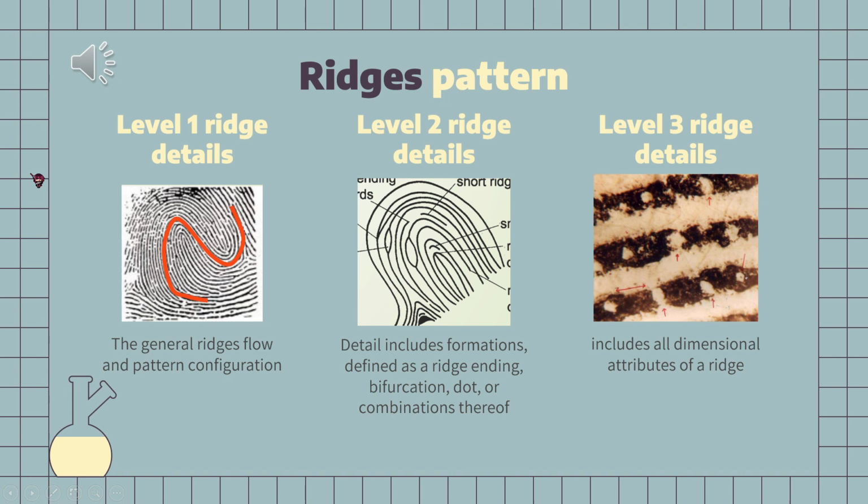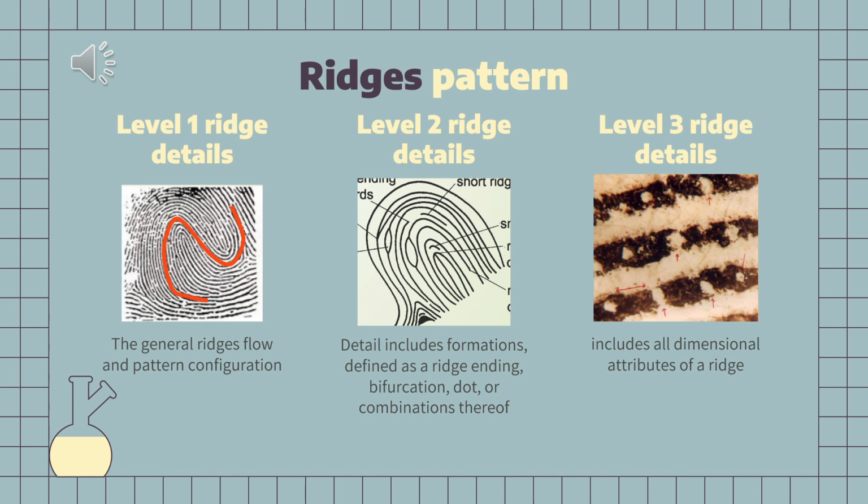So continuing, there are also ridge patterns. The ridge pattern has 3 levels. Level number 1 is the ridge details of the general flow of the ridge and the fingerprint pattern configurations. On the second level, the ridge detail includes formations.